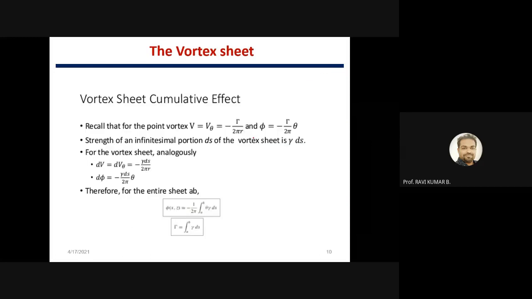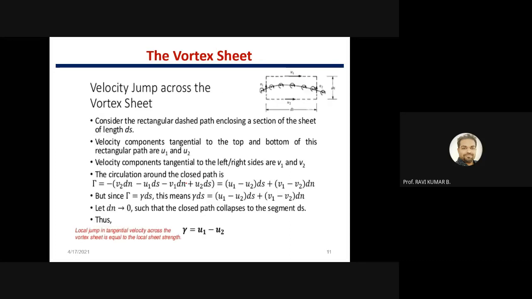As a cumulative, whatever I explained here, something is written here, just go through, right? So u theta is gamma by 2 pi r, then using the relation, you can find out. The corresponding theory is there, this also I'm not covering. As I said, small vortices are inducing, and due to the presence of small vortices, there will be a small jump of velocity, right? Circulation will increase the velocity between top and bottom surface.